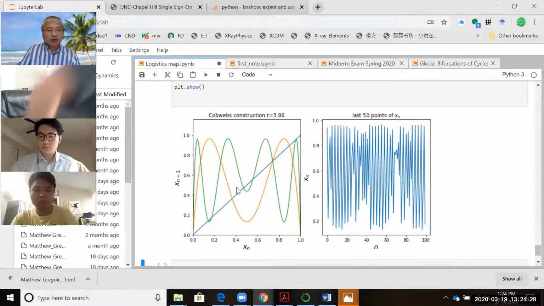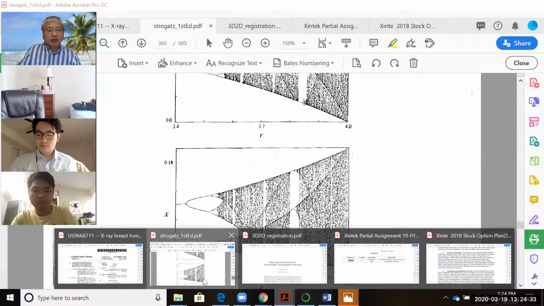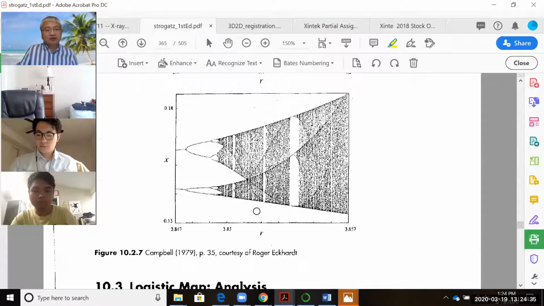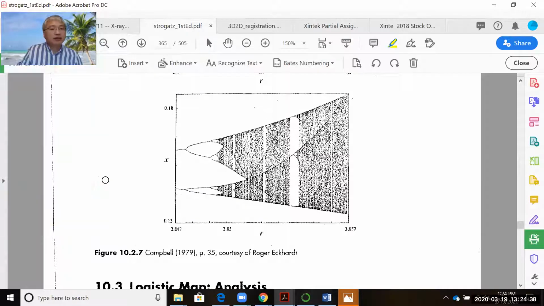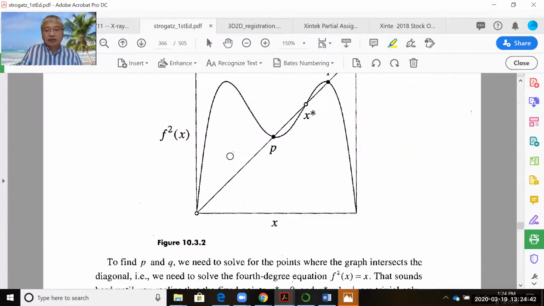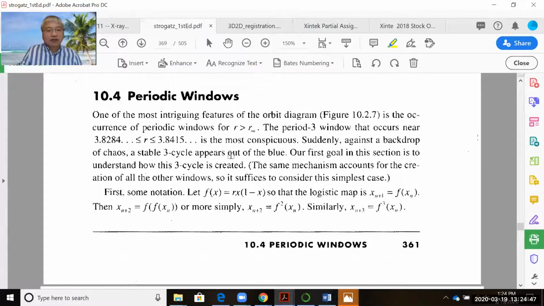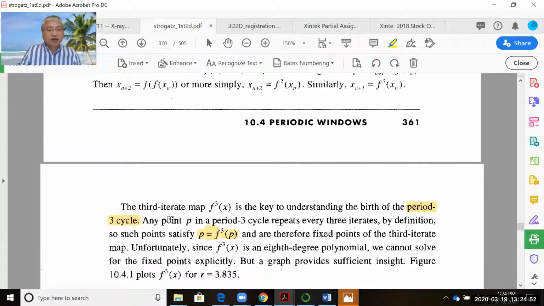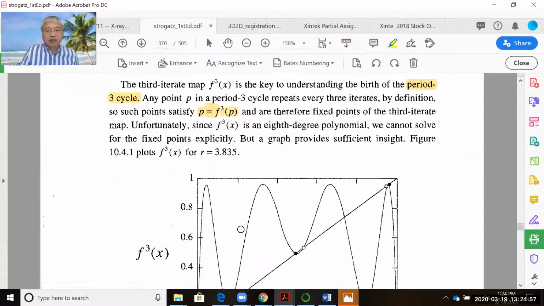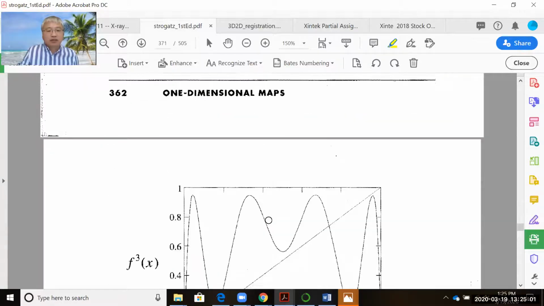So that's qualitatively. Now analytically, let's go back. We did this: we say there are periodic windows. F cubed, for example, has a period 3, which is exactly what we just did a minute ago.